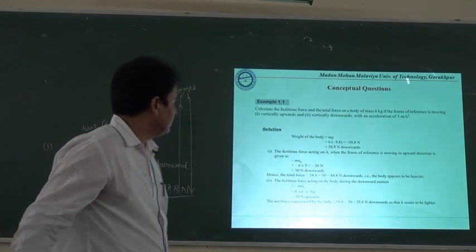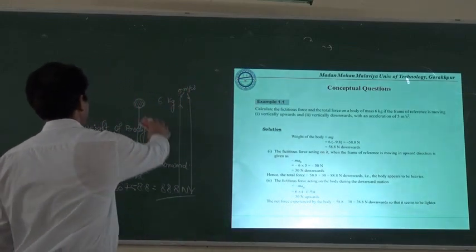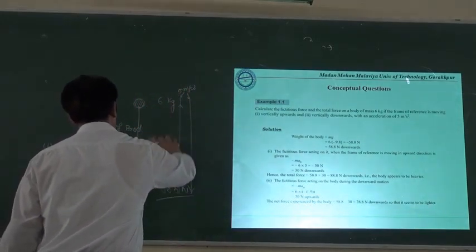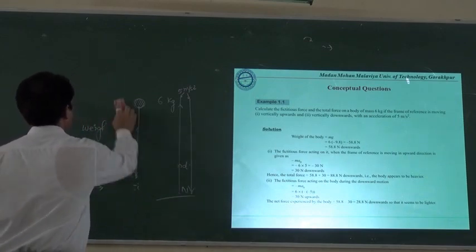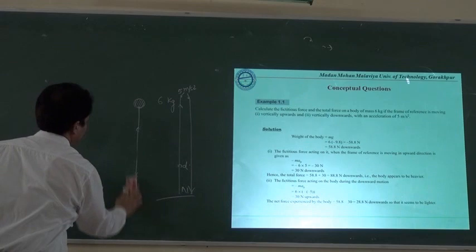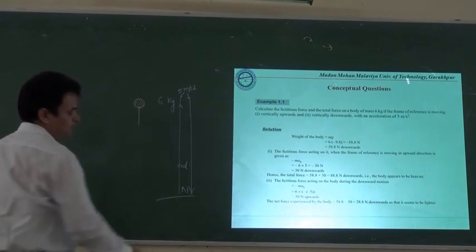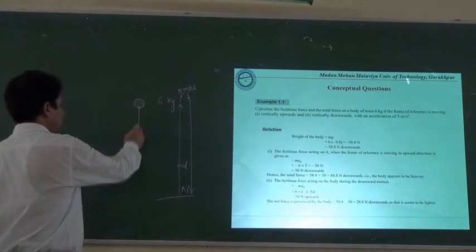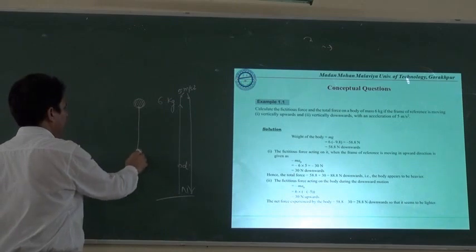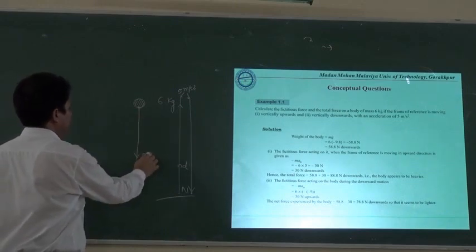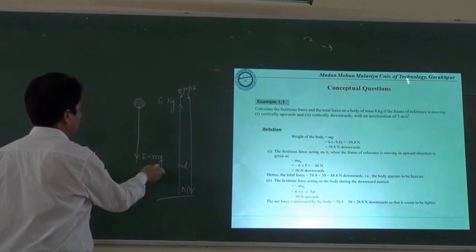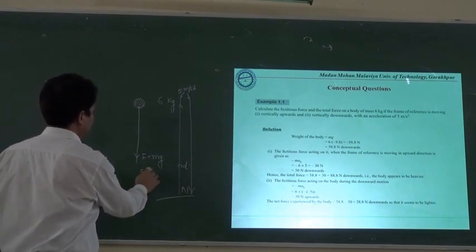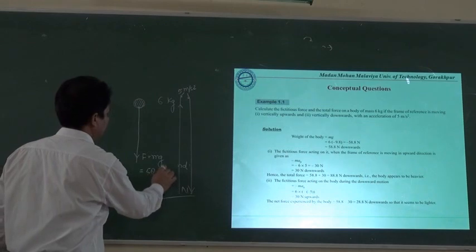Now let us see what will happen if the second frame of reference is moving in the downward direction. Then we have a situation slightly different from the earlier one. Now we have the weight of the body, F equal to mg, in the downward direction, and that has already been calculated as 58.8 Newton.